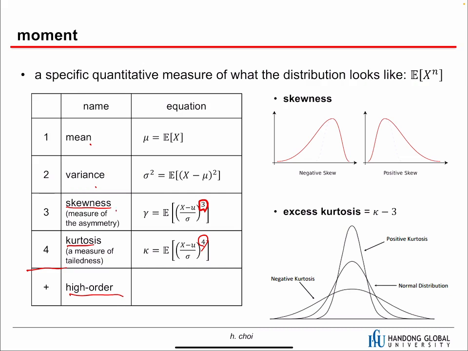The skewness is about the skewness. In this case, the distribution is skewed to the right side. In this case, skewed to the left side. And the kurtosis is about how sharp the distribution is. So basically, these moments, the statistics, describe the shape of the distribution.